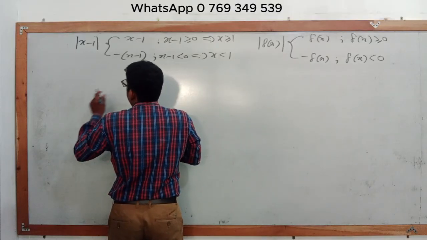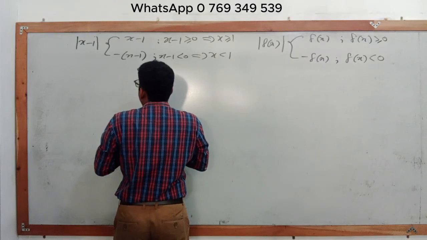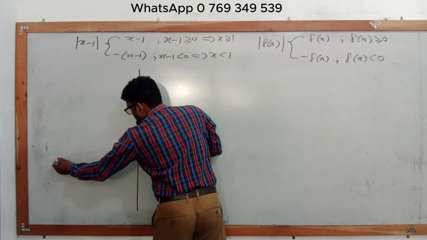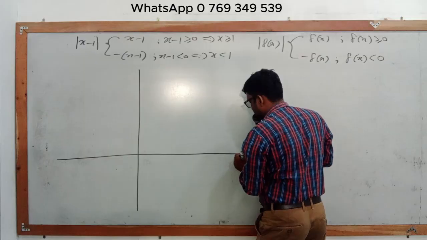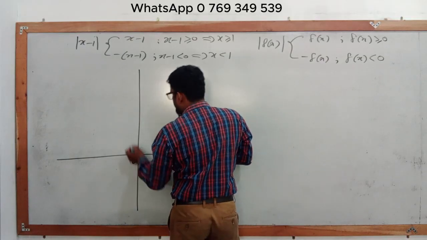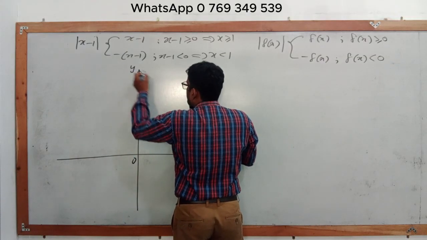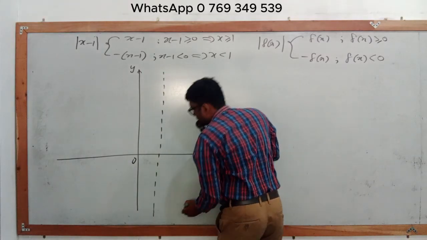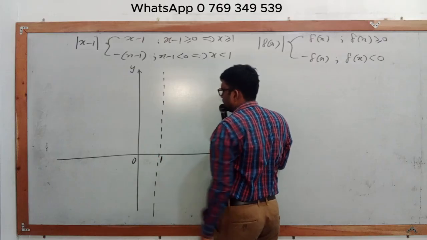Right. Now we can take the graphs like this. We draw this graph. Here x and here 0 and here y, and this is the line x equals 1.